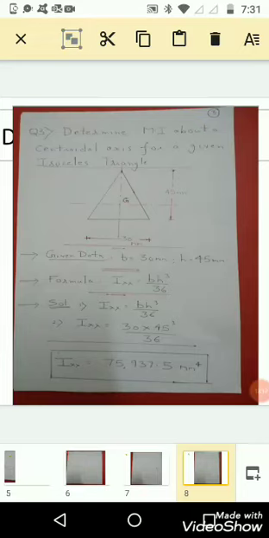So Ixx, that is moment of inertia about the centroidal axis, as per the formula is BH cube by 36. So B is 30 into H cube, 45 cube, divided by 36. The answer you get is Ixx is 75937.5 mm raised to 4.